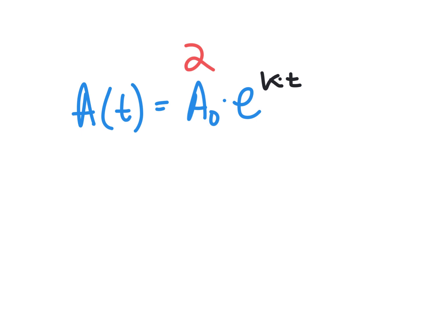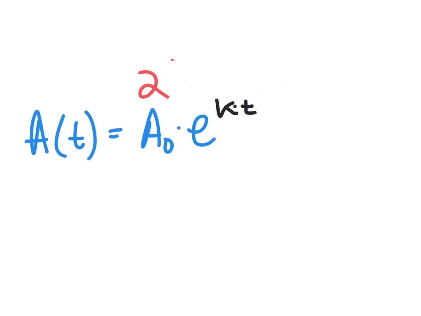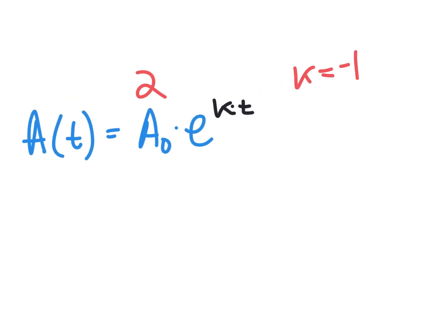And then let's say I tell you that k is -1. Have I given you enough info to get the final amount? No. I'd need to give you the time. Say time is 3. Whatever the units of the problem is. Could be in minutes, could be in days, could be in hours.